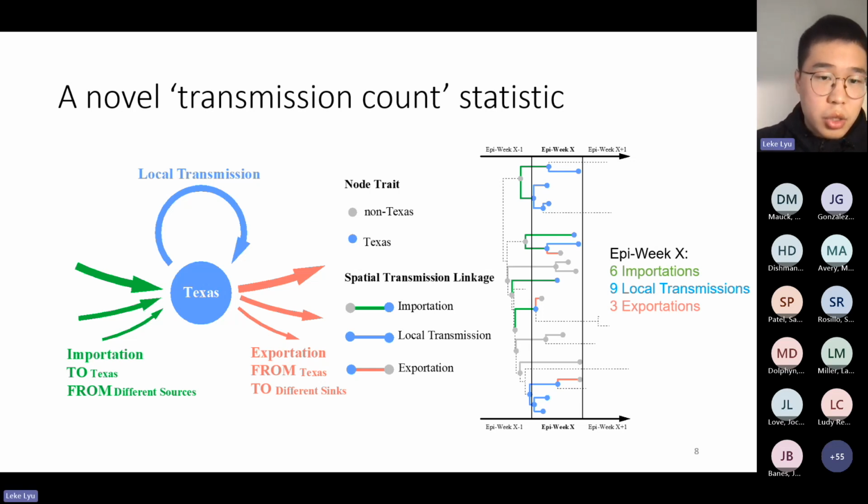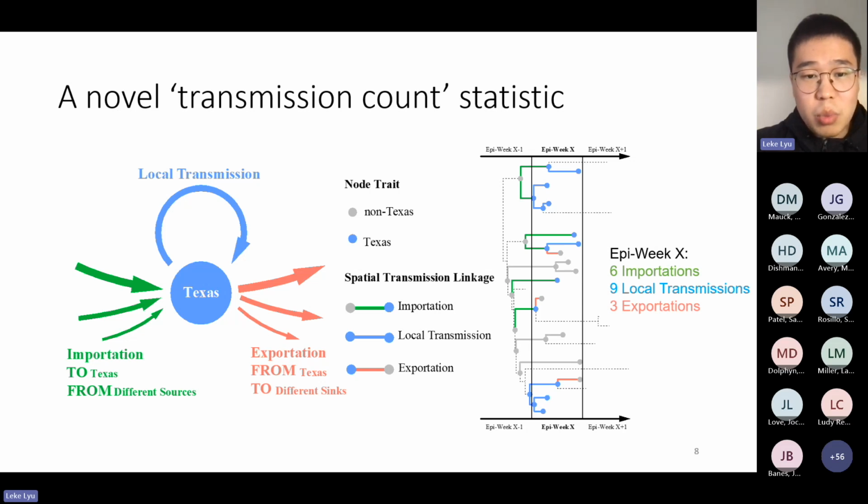Given the phylogeny, the nodes are colored as either non-Texas or Texas. Based on that, we can classify the branches on the tree into importations, which is from non-Texas to Texas, local transmission, which is from Texas to Texas, and exportation, which is from Texas to non-Texas.